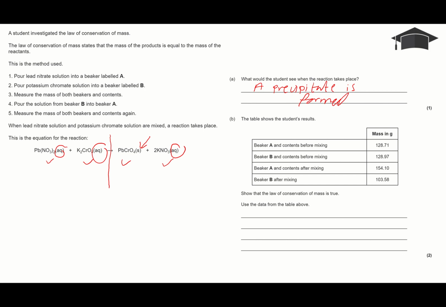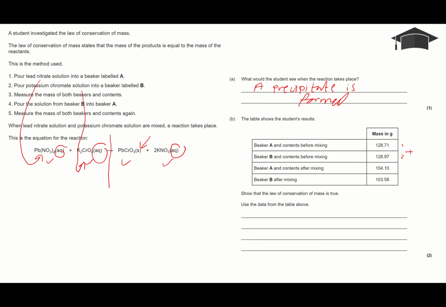So beaker A and contents before mixing, beaker B and contents before mixing. A is the lead nitrate, and B is the potassium chromate, so those are the reactants.